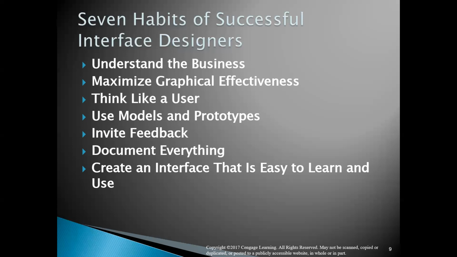Lecture summary. The purpose of system design is to create a physical model of the system that satisfies the design requirements that were defined during the system analysis phase. User interface design must be based on the perspective of the user.